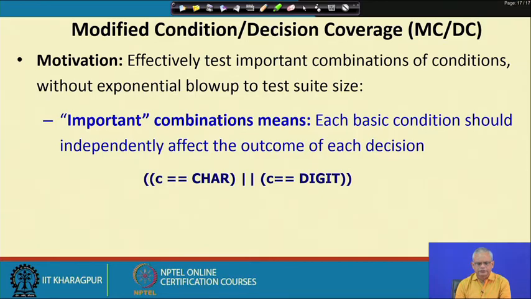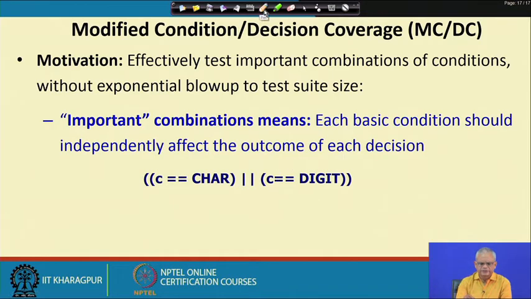Here we need to test all possible outcomes for each of the conditions. These are the basic conditions, but then we require that they independently affect the outcome of the entire decision.